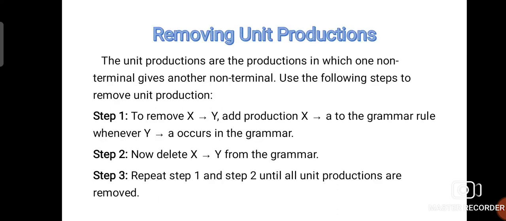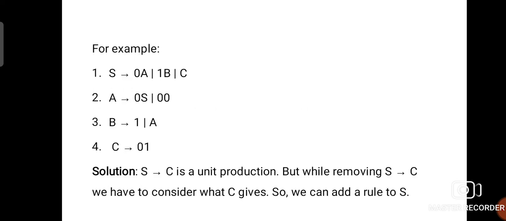Now eliminating the unit productions. Unit production means if the right hand side has only one non-terminal, such productions are called unit productions. For eliminating the unit production also, we have to do the necessary substitutions.